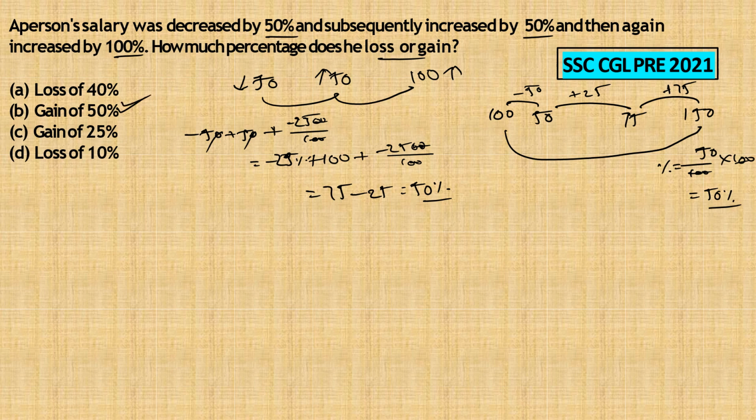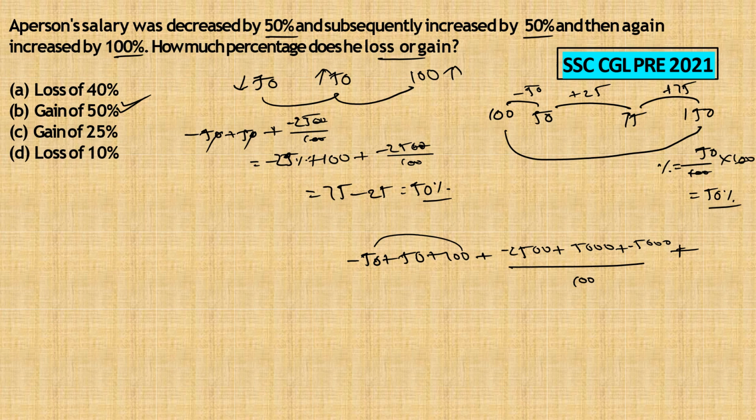Or you can do one thing, that is you can apply the successive formula of 3 terms, A plus B plus C, minus 50 plus 50 plus 100 plus minus 50 into 50, that is minus 2500, 50 into 100, that is 5000, 100 into minus 50, that is minus 5000, plus the product of 3 divided by 100.